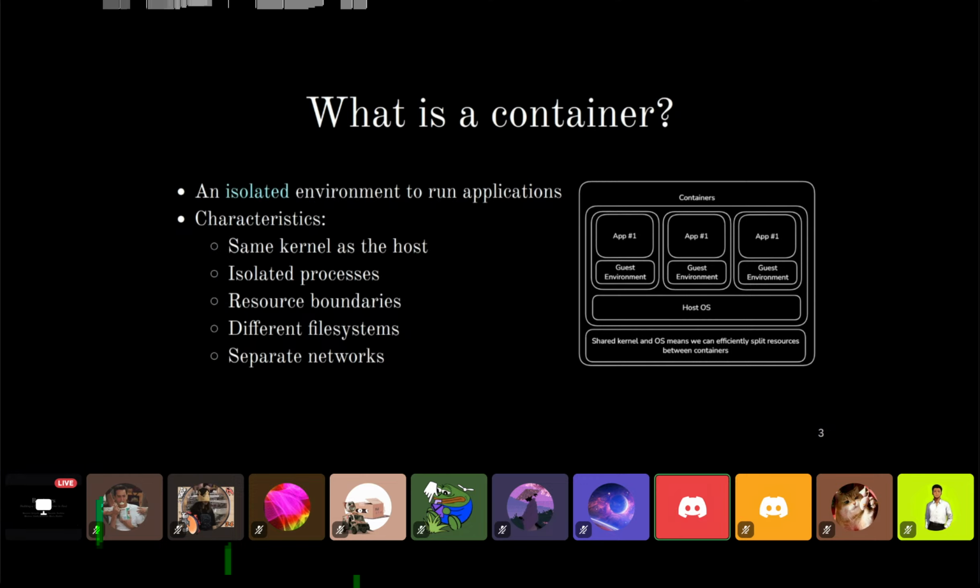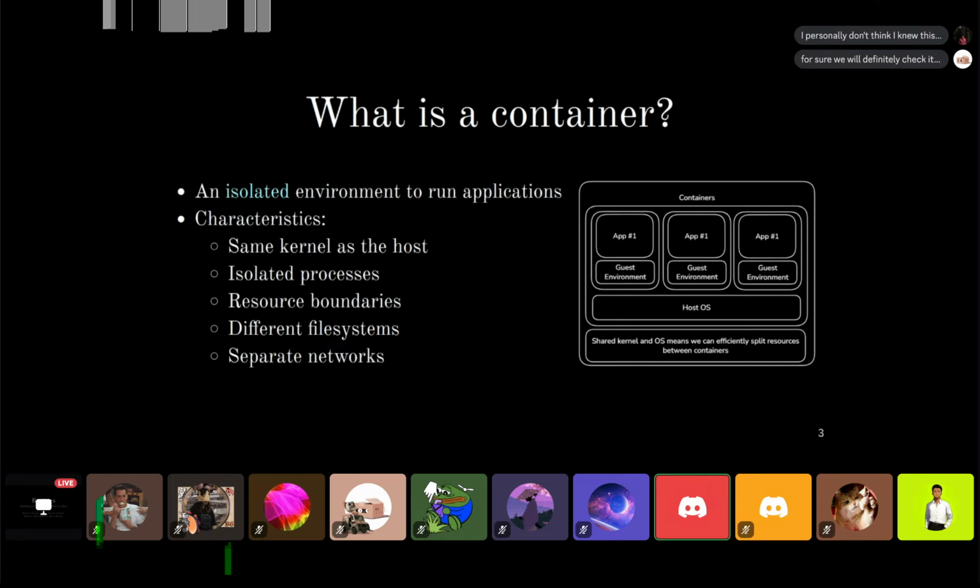You don't need to have your own host within the container. It allows you to run isolated processes that are independent of the processes running on the system itself, so it doesn't hinder any processes. It also allows us to set up resource boundaries so that it doesn't hog resources and affect processes within the system itself. And it has its own file systems, separate networks, etc.